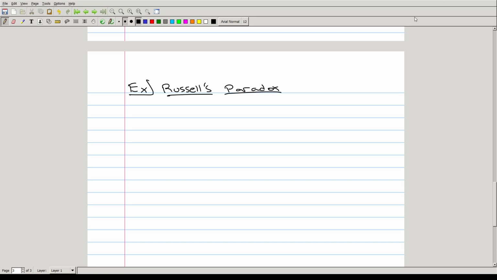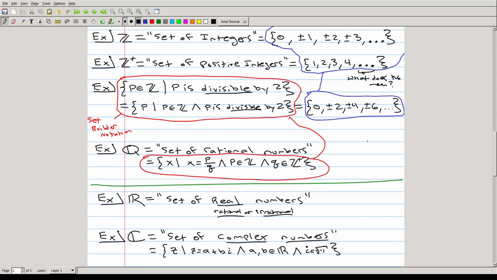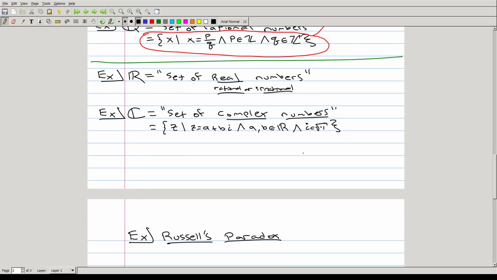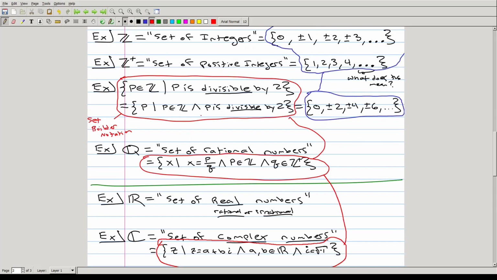You'll notice that when I defined my sets using set builder notation, I was very careful in each example, even in the complex numbers example, to be very specific about what set the elements I'm defining are coming from. And this is very, very important.